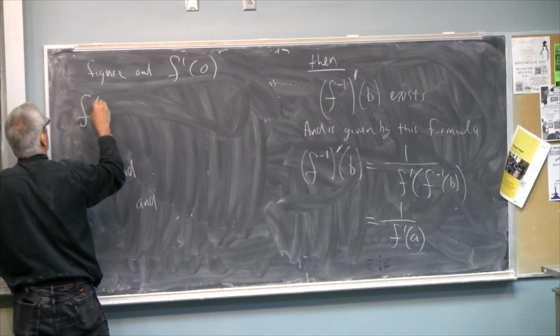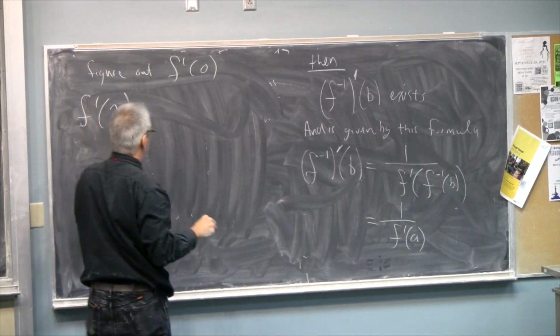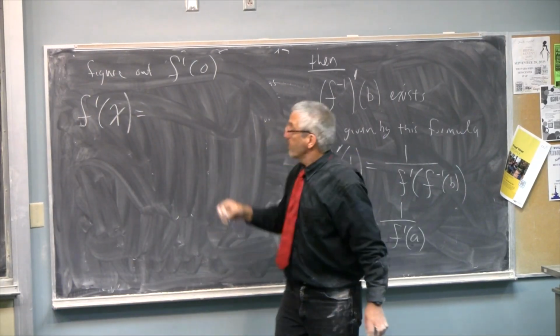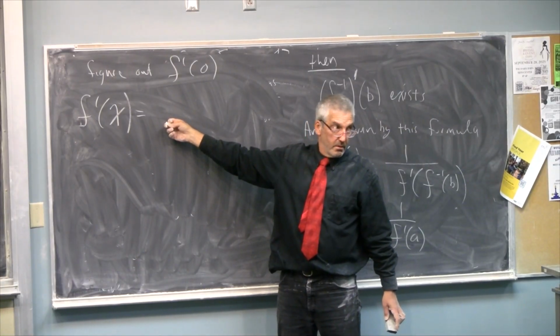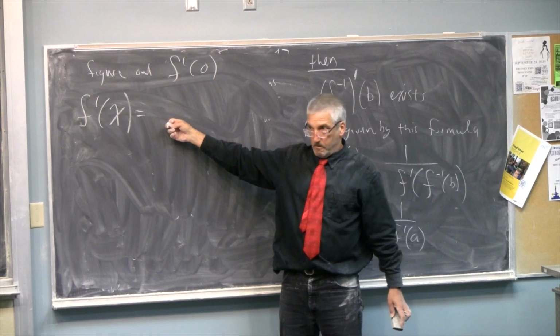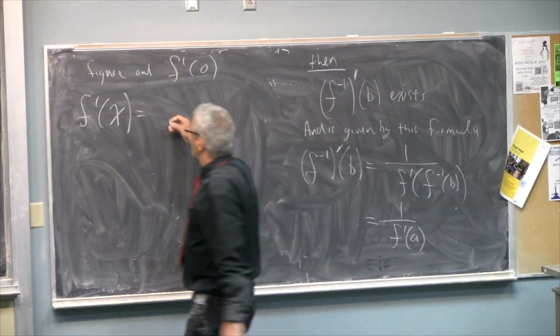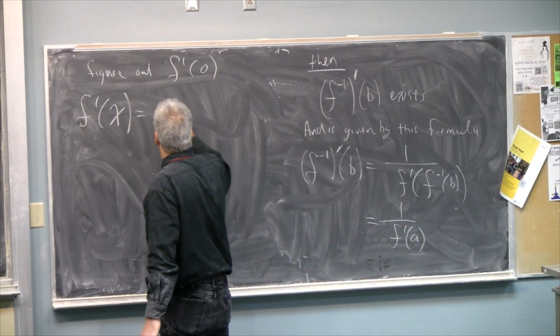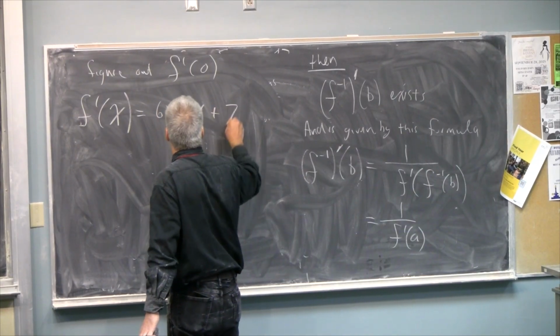So can somebody tell me, somebody who's been lurking and hasn't answered or really wants to answer and make some big money, what's f prime of x? Uh, 6x squared plus 6x plus 7, and that's it.